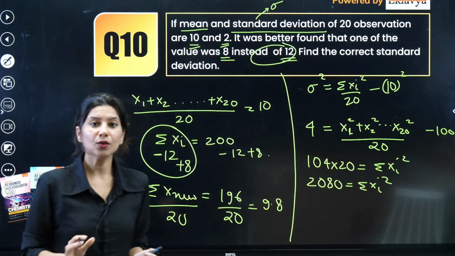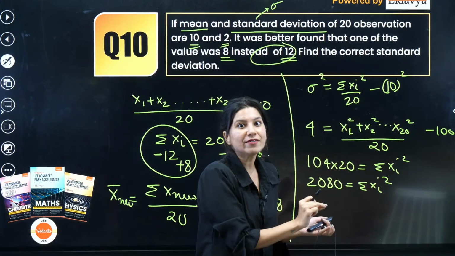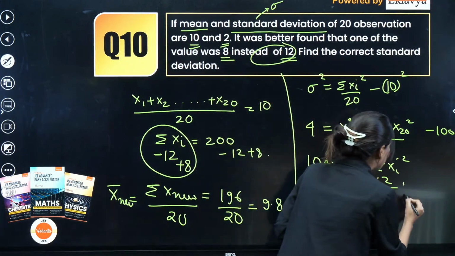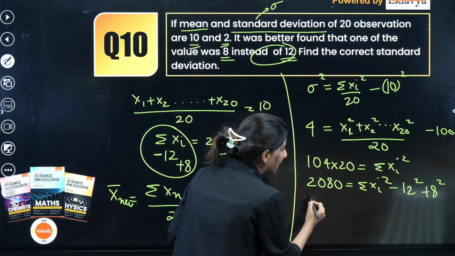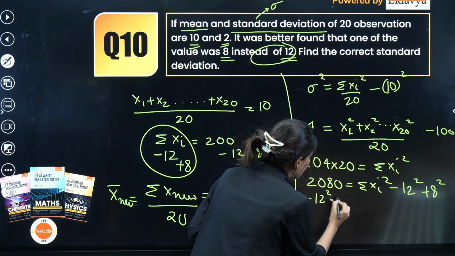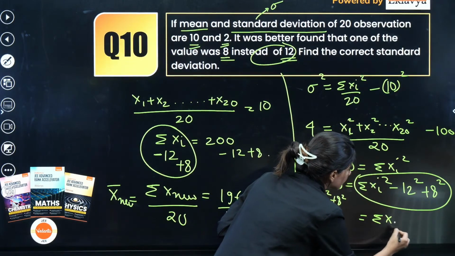But now this has something incorrect. They have added 12 square by mistake. So I have to subtract 12 square and add 8 square on both sides to get the new sigma xi square.